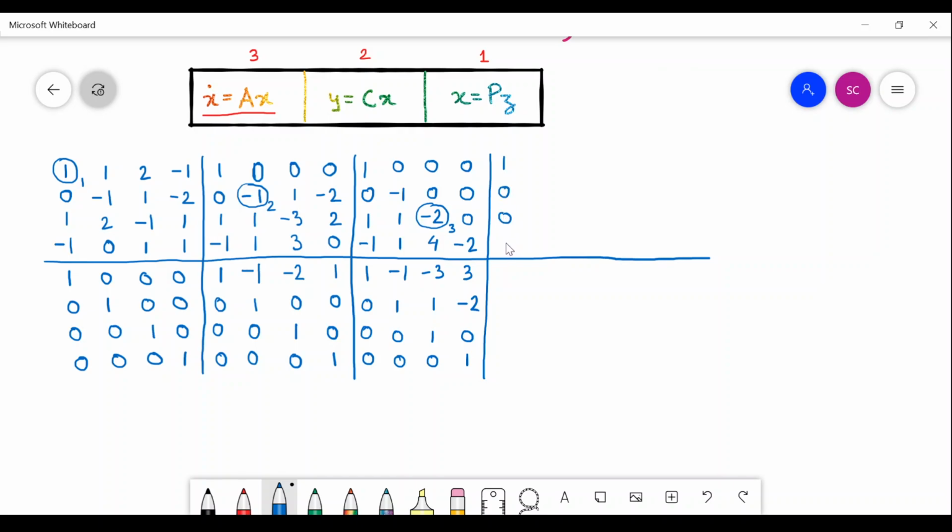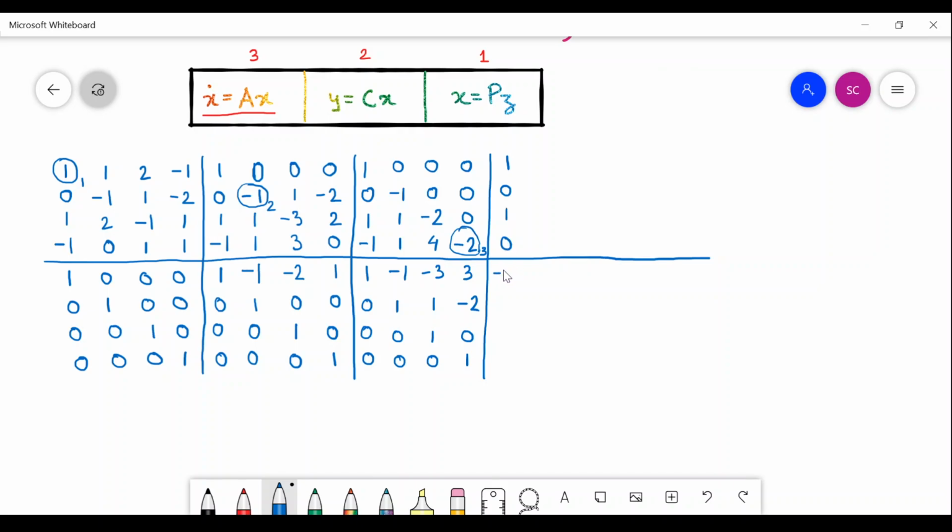Okay, sorry, I choose the pivot element as this one, not this one, this one 2 plus 0. I choose the pivot element as this one, 1.